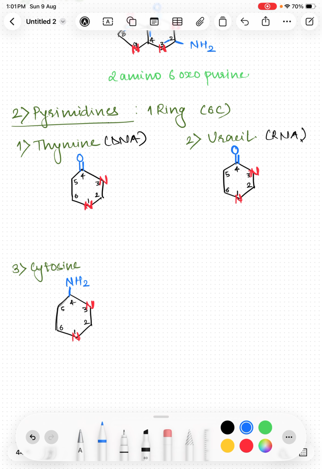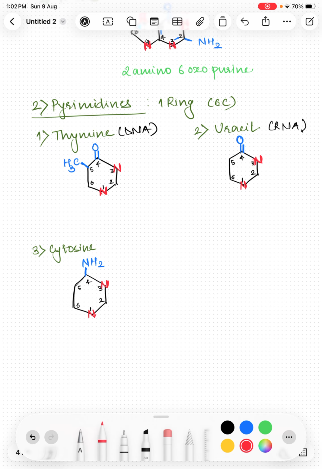Now the basic difference between uracil and thymine is, in DNA, thymine at the 5th position contains a methyl group, while the methyl group is absent in uracil.